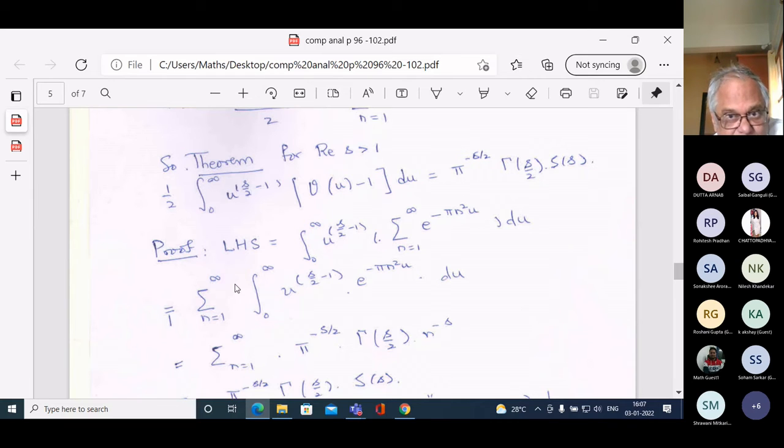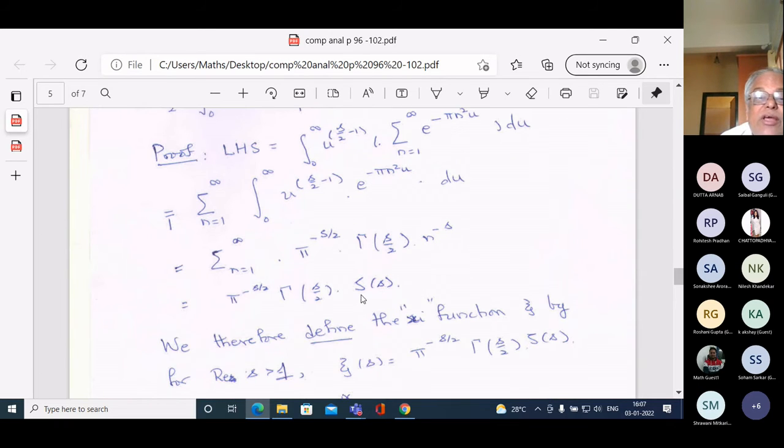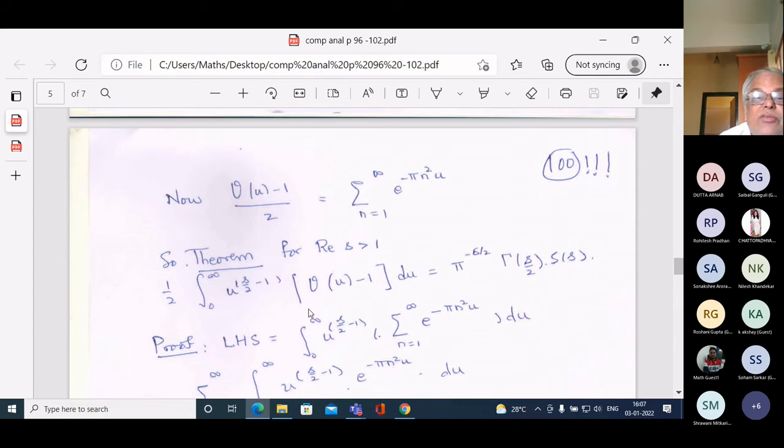That is your previous change of variables. And here there is no n, so I will pull it out, and the sum n equal to 1 to infinity n to the minus s is zeta s. So now we have that this quantity is pi to the minus s by 2 gamma s by 2 zeta s for real part of s greater than 1.